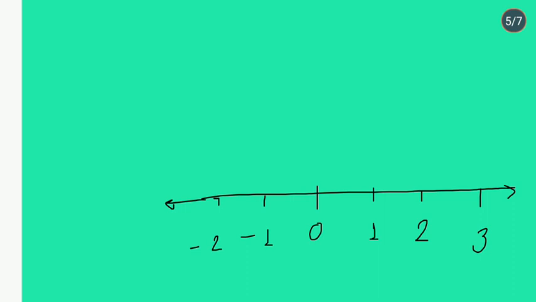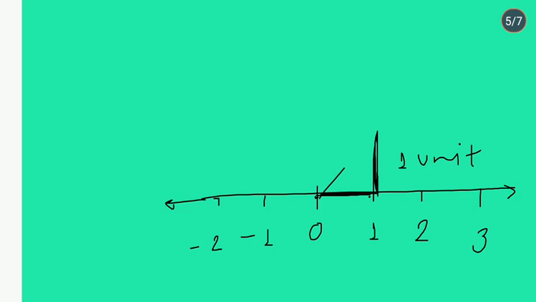So we have to draw root 5. First we will draw root 4. How will we draw it? First we will take this line from unit 0 to unit 1. We will draw a perpendicular on this line which is of 1 unit.